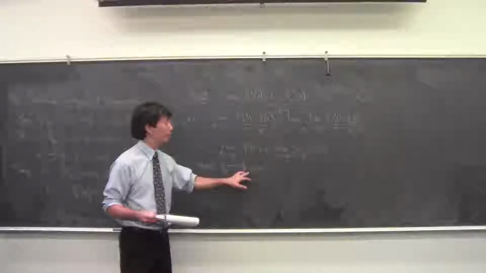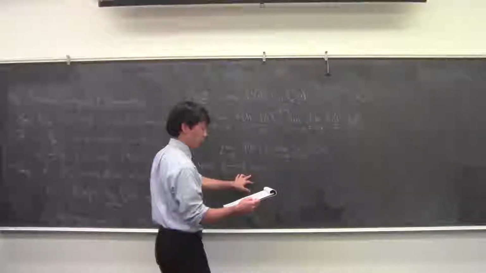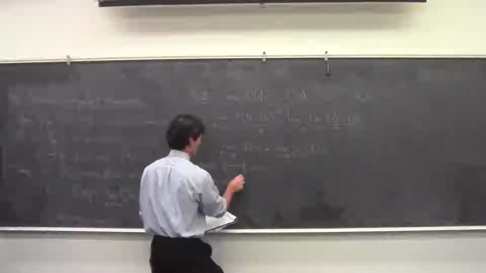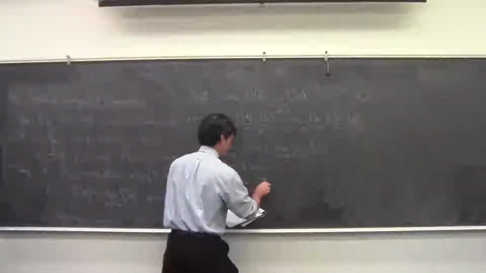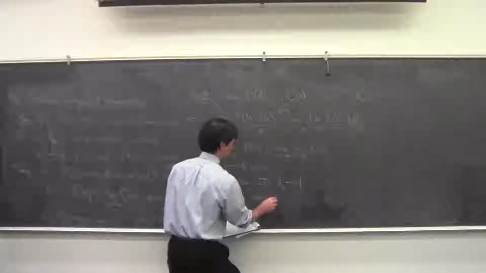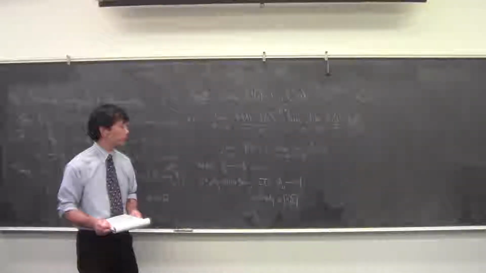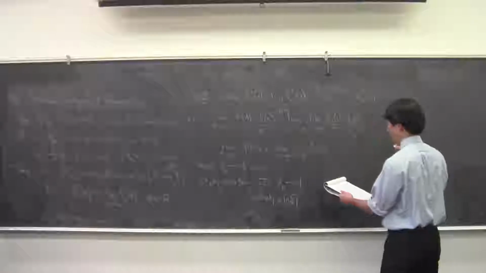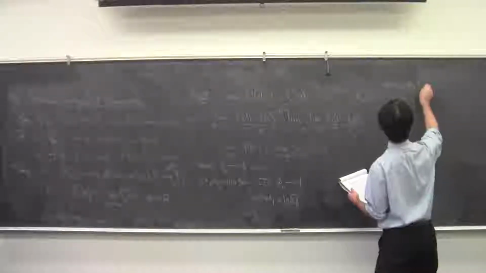So these guys converge pointwise. So by the earlier theorem, it suffices to show that phi sub n converges to phi uniformly on AB. As usual, we'll use the Cauchy criterion.